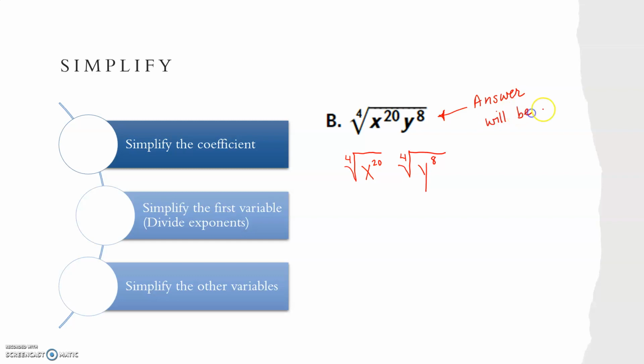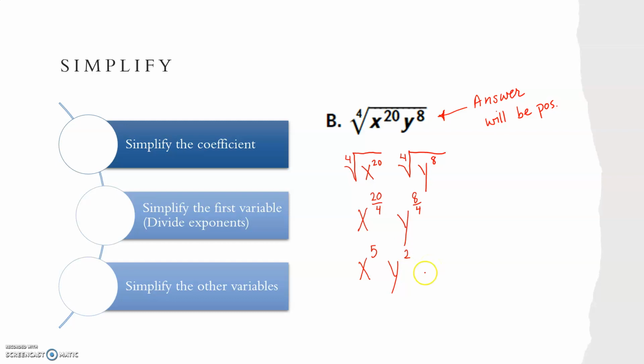We always want the positive root when I give you that sign. That root sign means give me the positive root, if there is one. So when I do this problem, I'm going to get x to the 20 over 4, and I'm going to get y to the 8 over 4, and then I'd have x to the 5th, y to the 2nd.